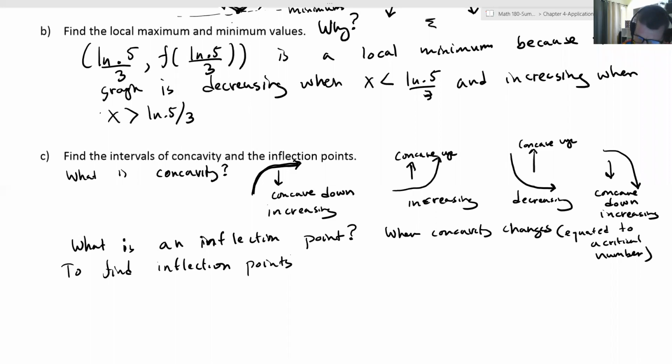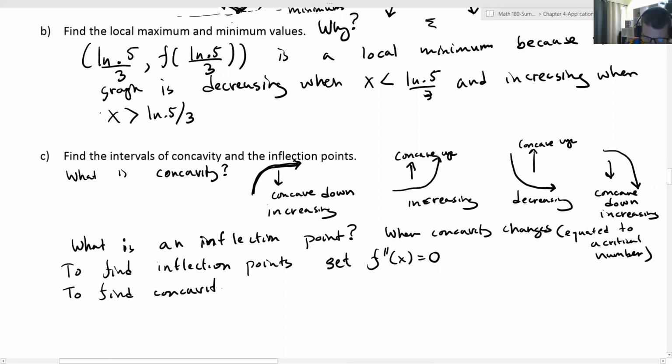To find inflection points, set f double prime of x equal to 0. To find concavity, we determine the sign of f double prime of x.